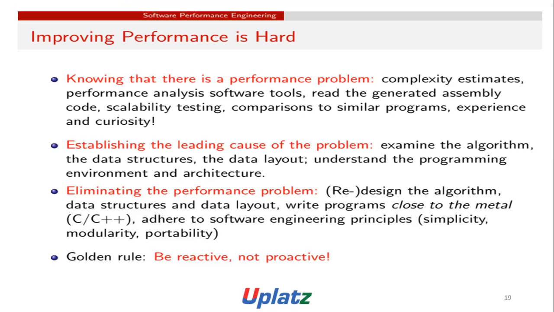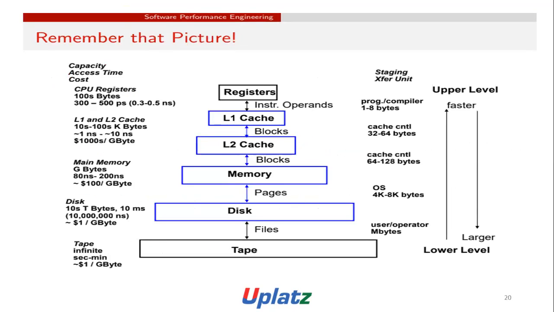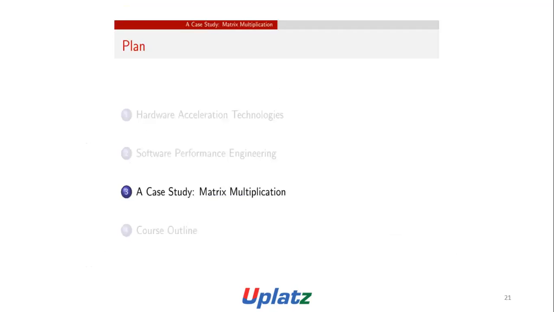Eliminating the performance problem: redesign the algorithm, data structures, and then write programs close to the metal, C++, adhering to software engineering principles: simplicity, modularity, portability. Golden rule: be reactive, not proactive. And remember the same picture, the hierarchy of register to tape with L1, L2, memory and disk in between.